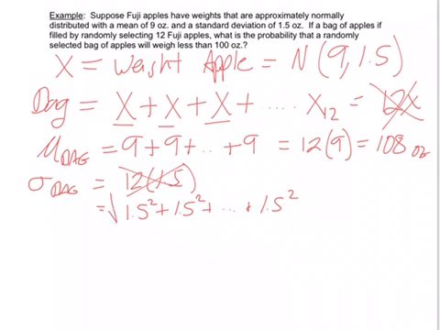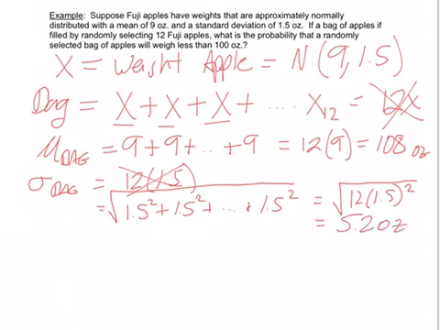To make it the standard deviation, we'd square root all of that stuff. So literally what we're square rooting is 12 1.5 squareds. If you do that arithmetic, it's 5.2 ounces.